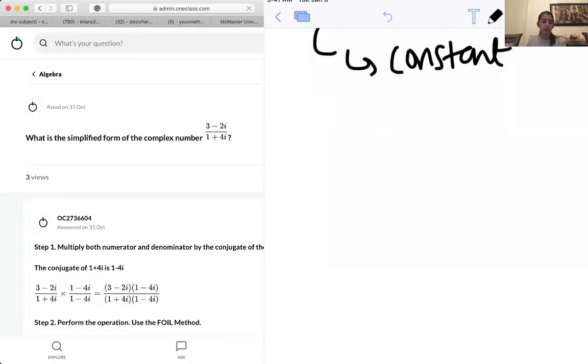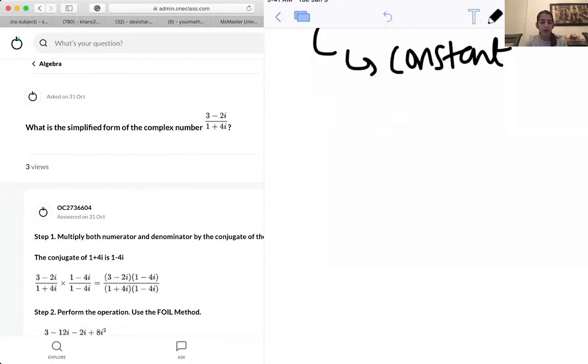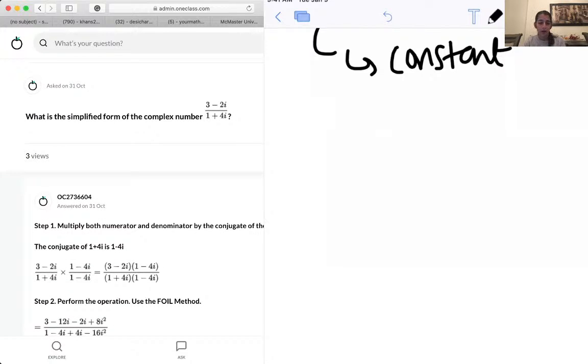Our next question is, what is the simplified form of the complex number 3 minus 2i over 1 plus 4i?